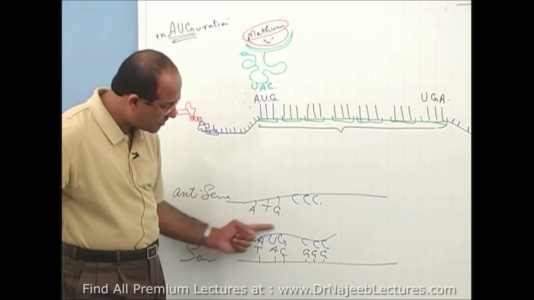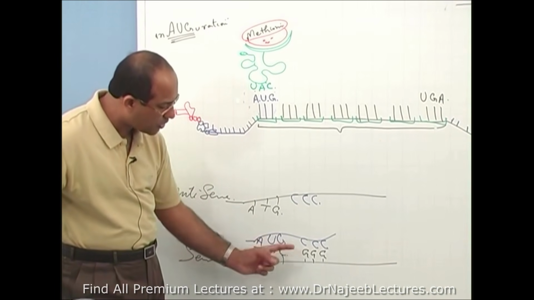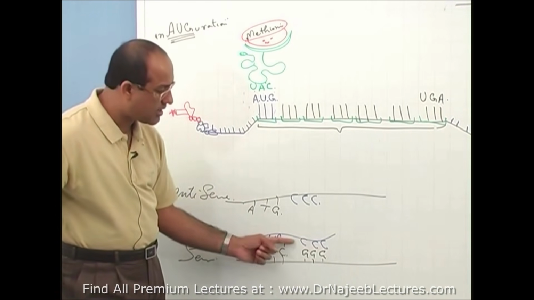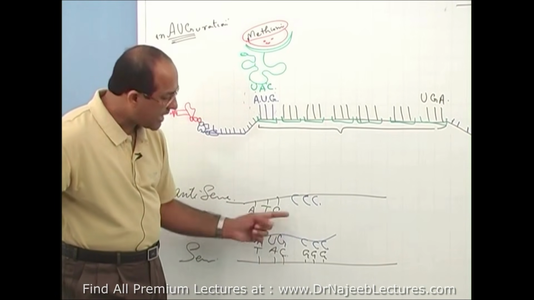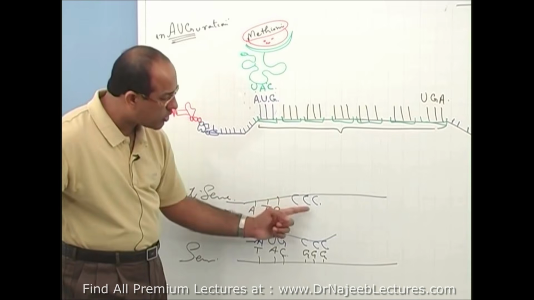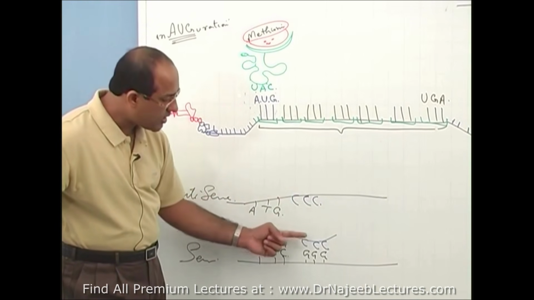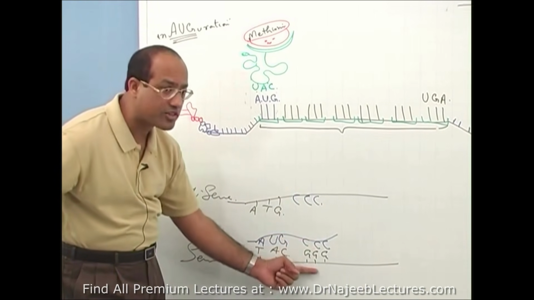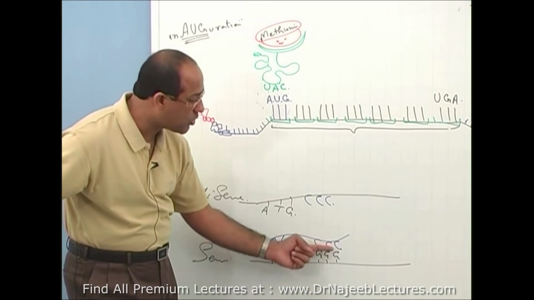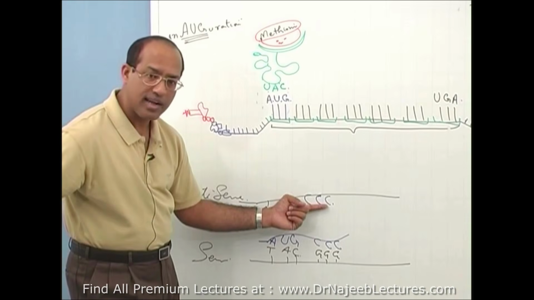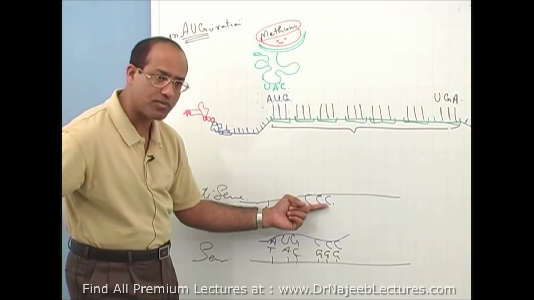And if this is complementary to template, as I told you, template is triple G, then RNA should be triple C, right? But actually, anti-template is also triple C. So it means RNA is, even though complementary to template, more similar to anti-template. Is that clear to everyone?